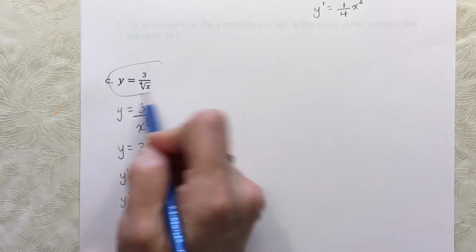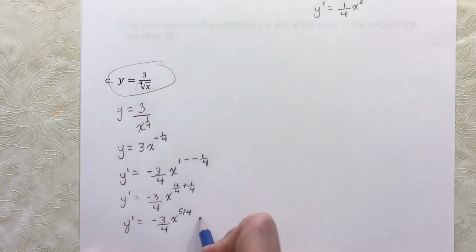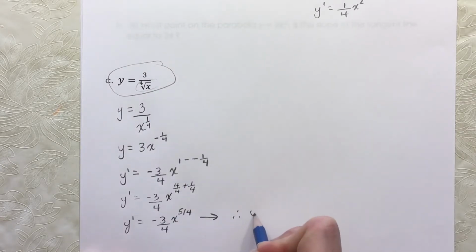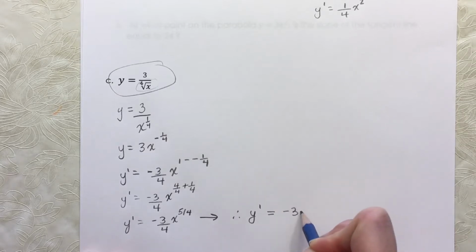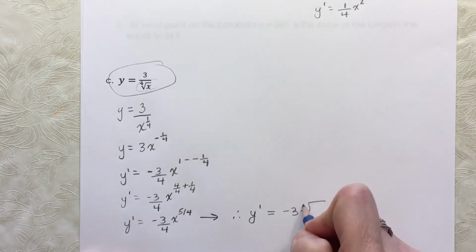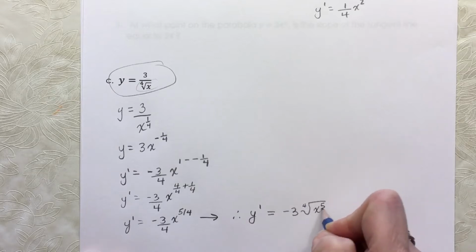But since the question was in radical form, we want our answer to be in radical form. So y prime would be -3 over 4th root of x to the 5th.